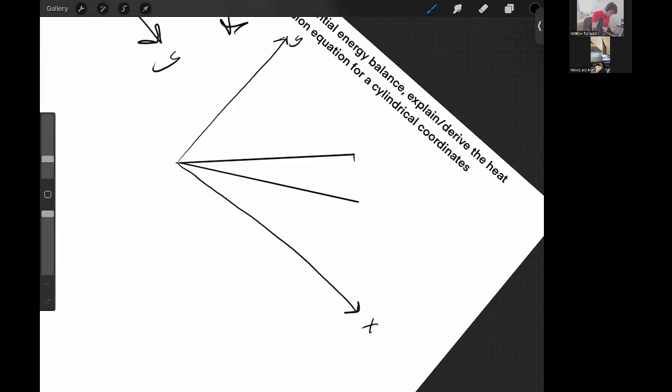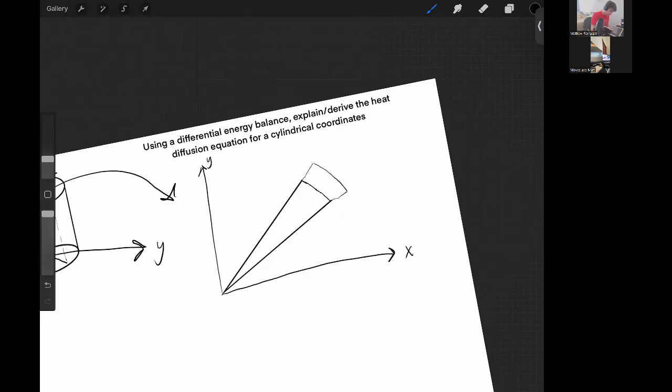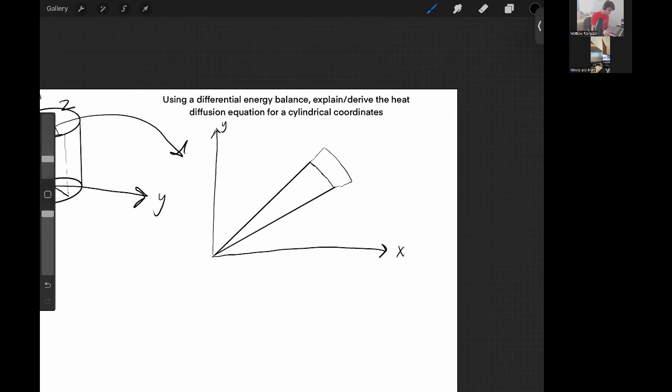So I'm going to have our arc length, and we're going to have our change of radius happening just beyond it. We're going to make a little system that looks like this. So this is the energy balance with the change of our heat flow coming into this. So I'm just going to make a little shaded system and we're going to label our entire system now.